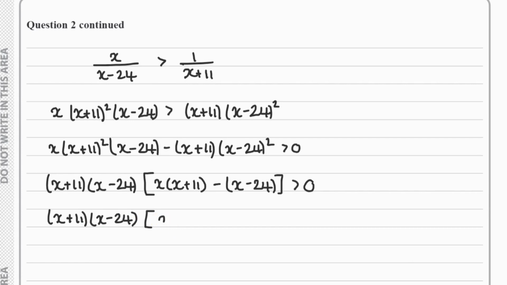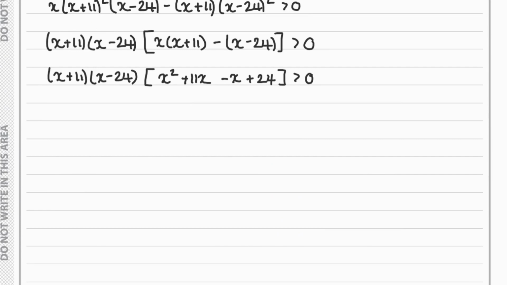So now we're going to tidy up those bits in that square bracket. In the square bracket, we're going to get x squared plus 11x minus x plus 24. Be careful of the signs. Often that's where an error does occur. Tidying that up a little bit further in those square brackets, we're left with x squared plus 10x plus 24.